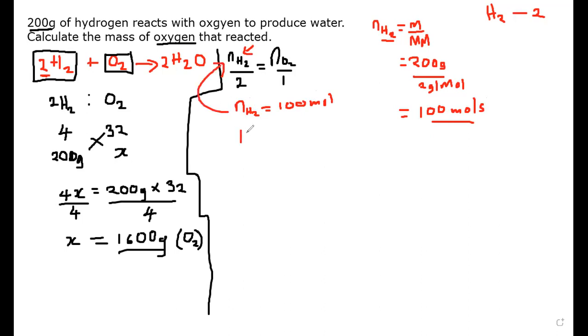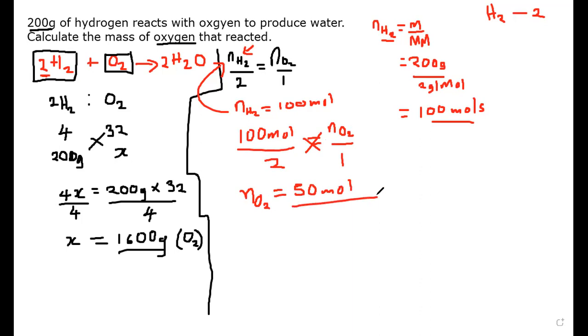So 100 moles divided by 2 is equal to the number of moles of oxygen divided by 1. If we do the math, we'll find that the number of moles of oxygen is equal to 50.